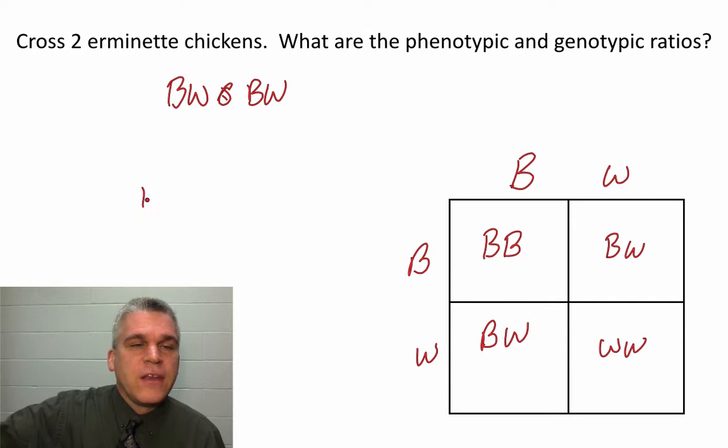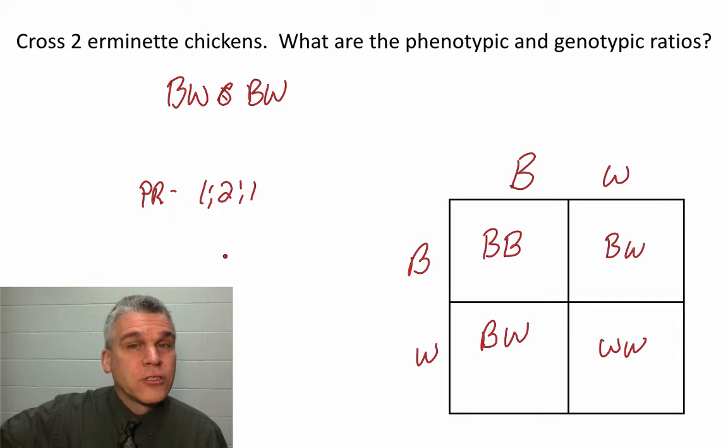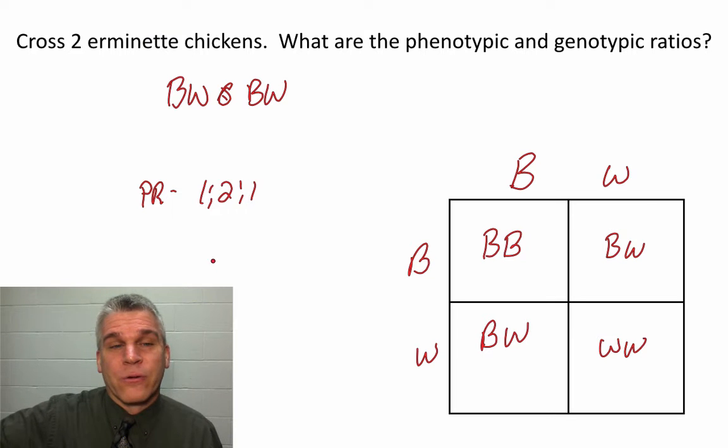So the phenotypic ratio in this case is going to be 1 black to 2 erminettes, black and white, to 1 white. So here we have 3 numbers in our ratio.